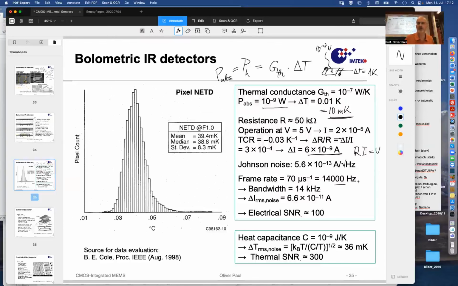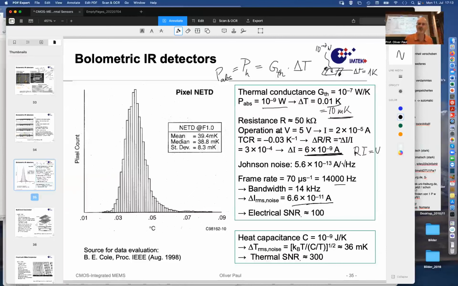The square root of 14,000 is multiplied with this number here, and that gives you root mean square noise of 6.6 times 10 to the minus 11 ampere. And this is fortunately much smaller than the current change caused by the absorption of radiation leading to that temperature change.